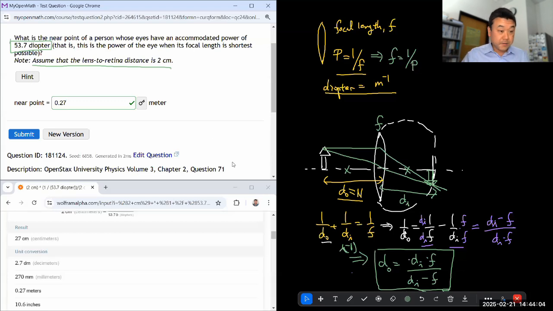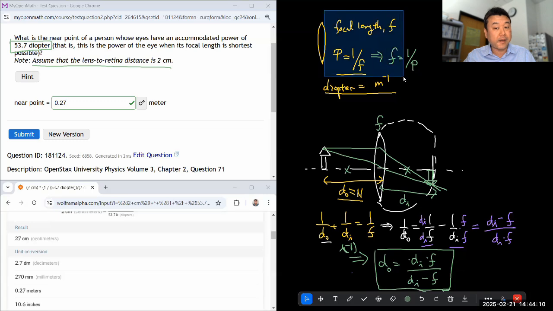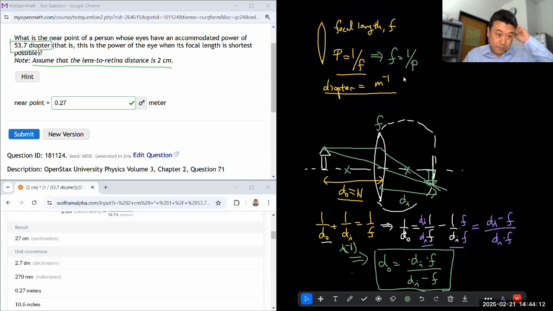All right, so that's the second question that deals with this quantity called power, which is related to focal length. Really, any question we ask using diopters, we actually don't need to involve power. We can just let that question be about focal length. But diopters are a unit more common in a particular field, like optometry, because it's convenient.